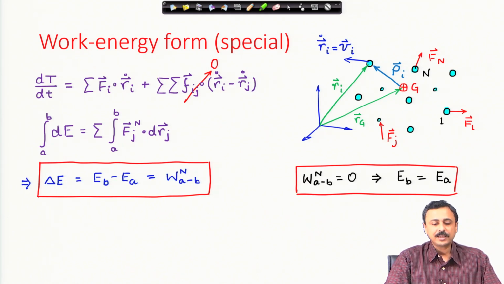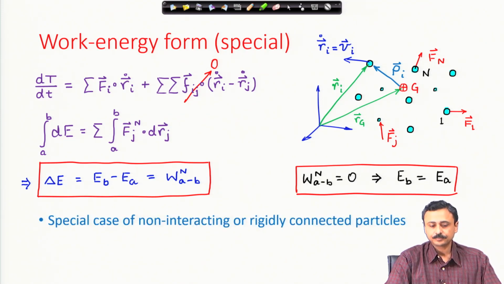After performing the integral, the change in the total mechanical energy of the system is equal to the work done by all non-conservative forces as the system moves from state A to state B. If there are no non-conservative forces or these non-conservative forces do no work, then the total mechanical energy of the system is conserved. Now, this we have discussed under the special situation that the internal forces do not contribute.